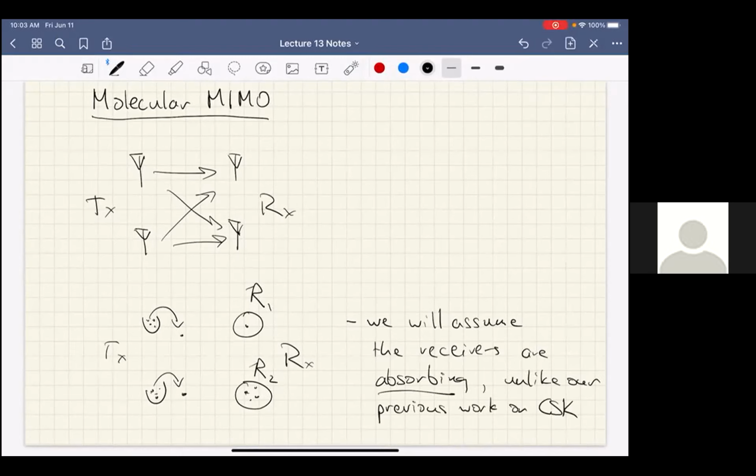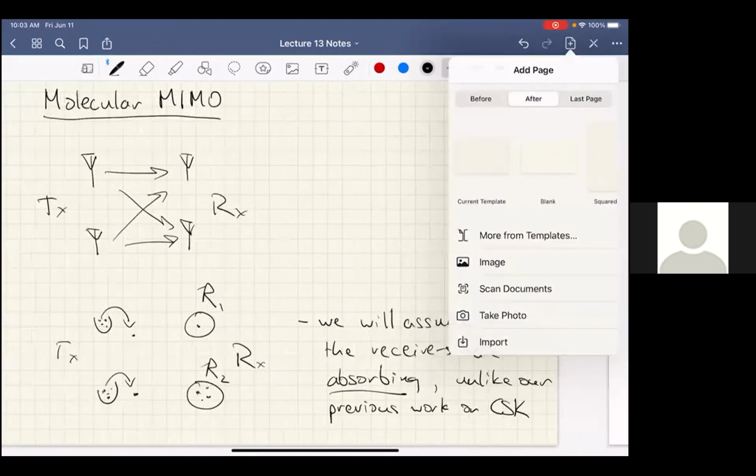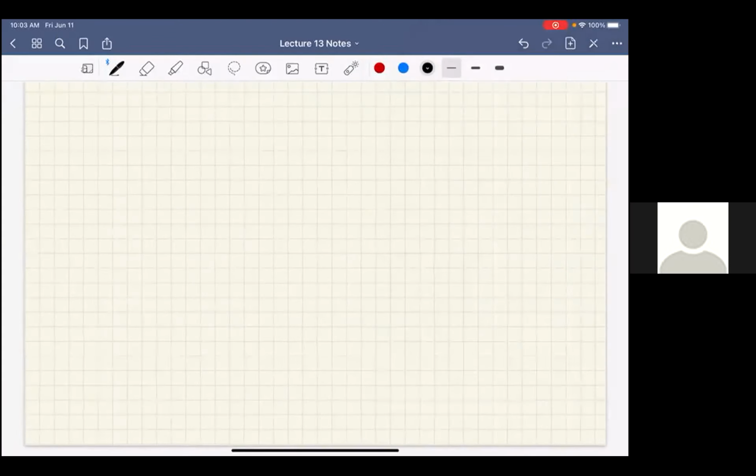Okay, so we're going to have to talk a little bit about spatial modulation in order to talk about this. In molecular communication, we mentioned that there were many different types of modulation that you could use, and one of them was spatial modulation.